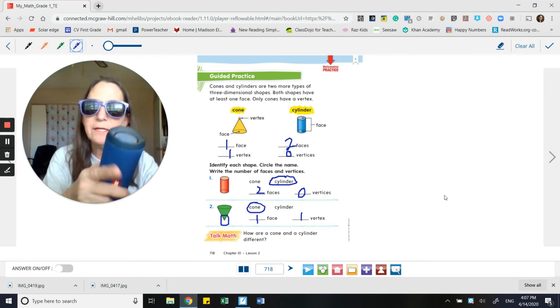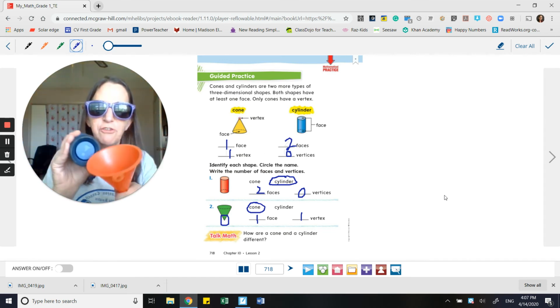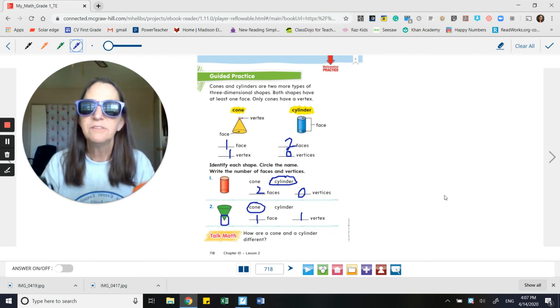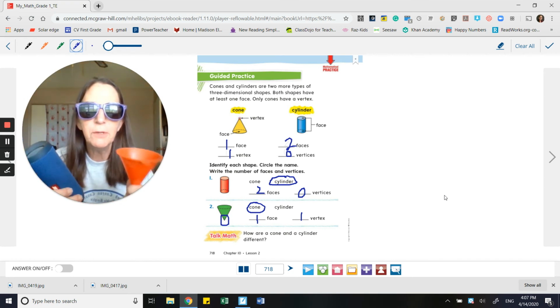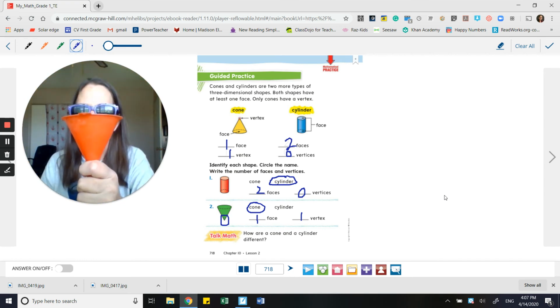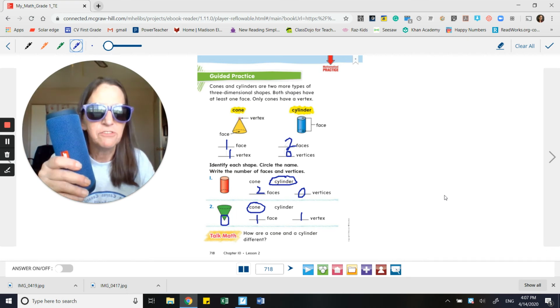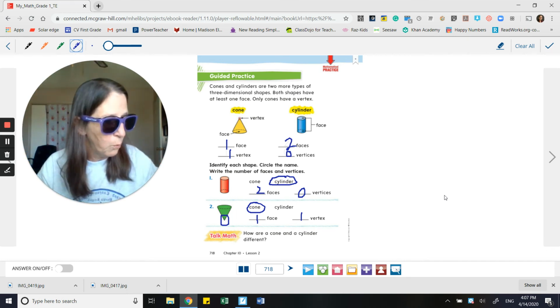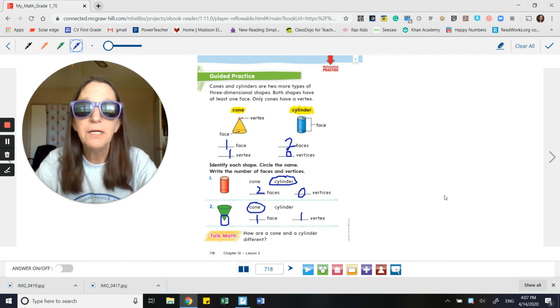Yeah. Oh, I like that. Good answer. This one's got two faces. This one's only got one. See, I knew you guys were geniuses. You are so smart. You figured it out. Cones have a vertex and only one face, but cylinders have no vertex and two faces. Wow. You are amazing. I love it.